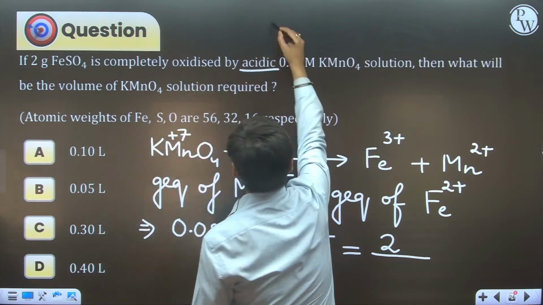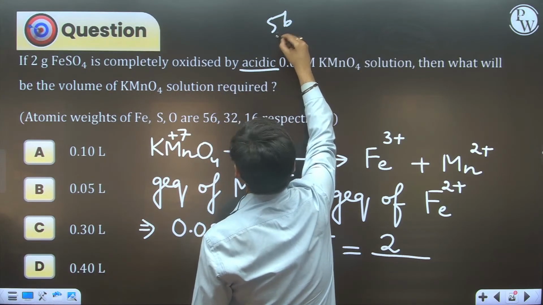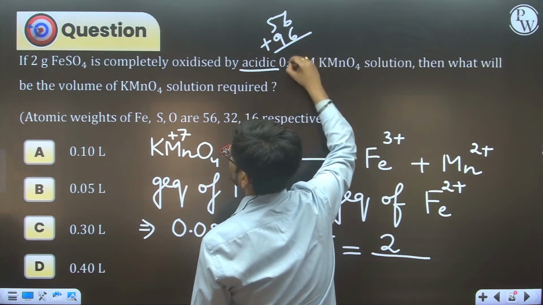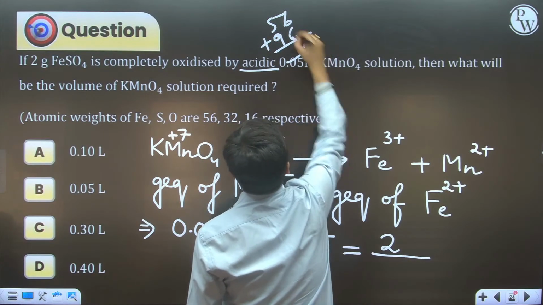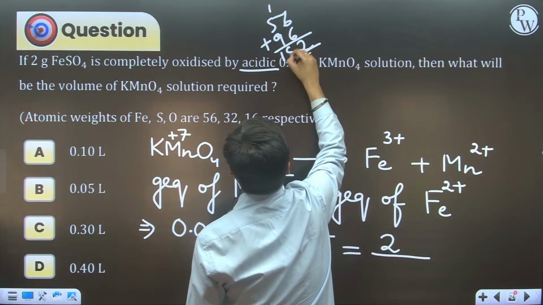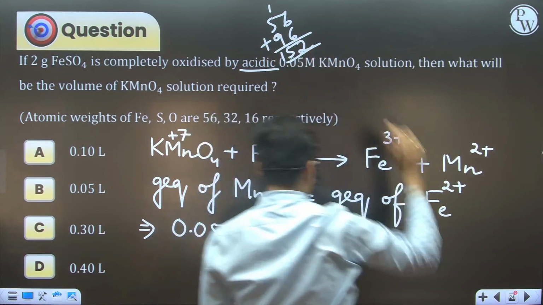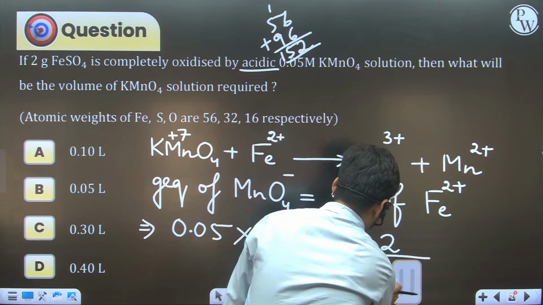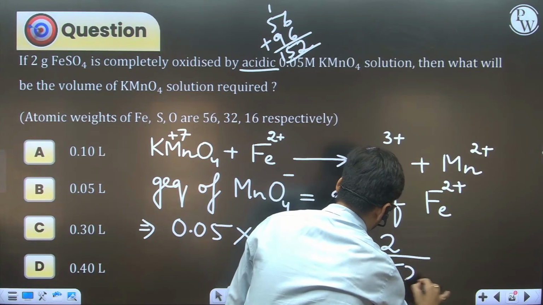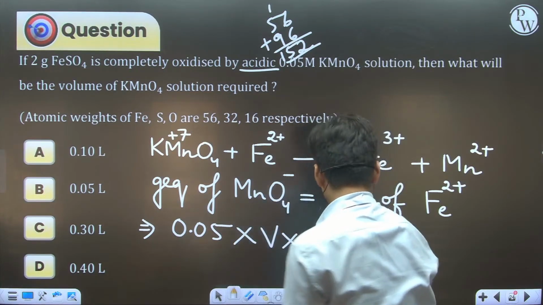So what is the molar mass of FeSO4? 56 plus 96, 152. So 2 upon 152. This is the number of moles of FeSO4, and also the number of moles of Fe2 plus.